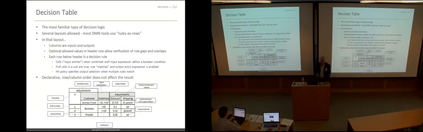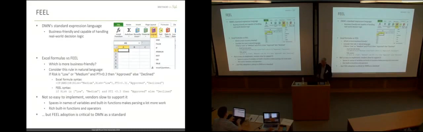If more than one rule matches, that's what this code here, called the hit policy, determines. So it's essentially rules for resolving cases where more than one rule could match in a decision table. So that's DMN decision tables.